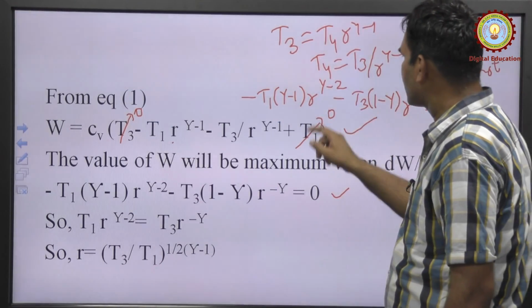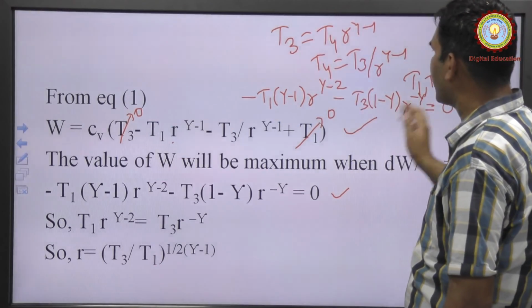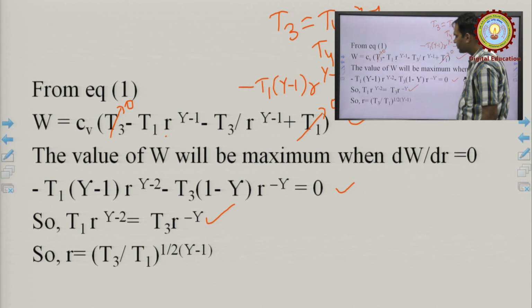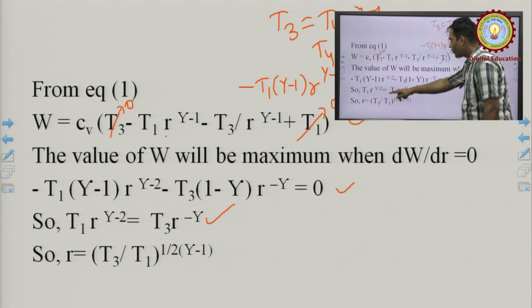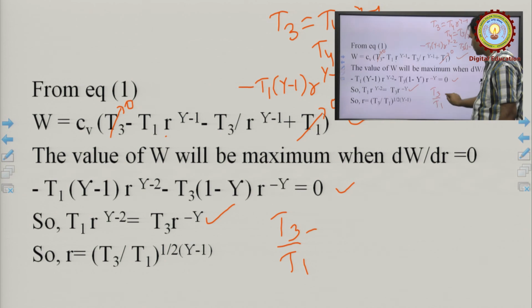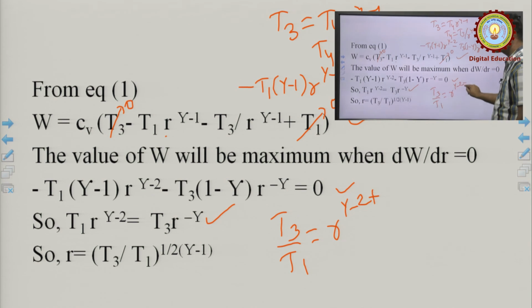Now solving this, putting it to the right side, we will get this. So from this equation, T3 by T1 is equal to r^(gamma minus 2 plus gamma).